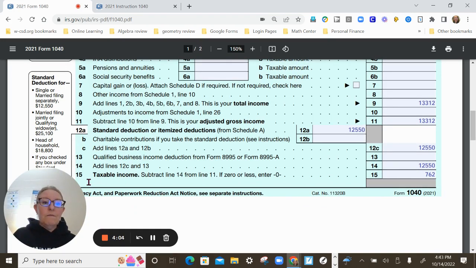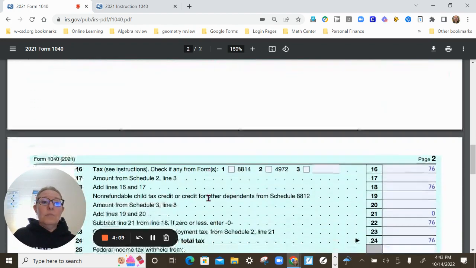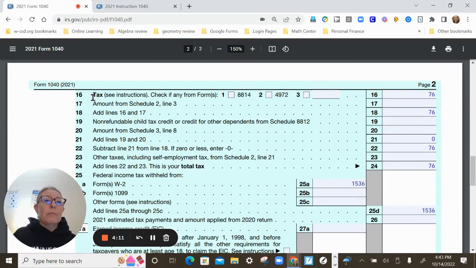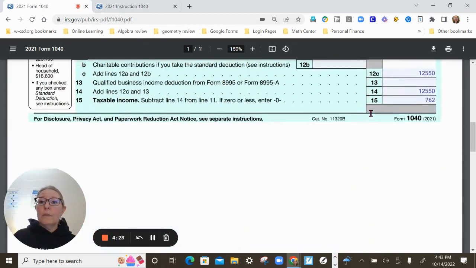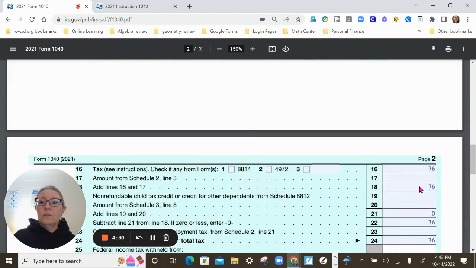Now, that's line 15. That's really important because when we get to the back side of this form, line 16 is tax. They want to know what tax you actually owed. And in order to figure this out, we have to use the tax table and we have to use what was on line 15. So line 15 of her form had $762.